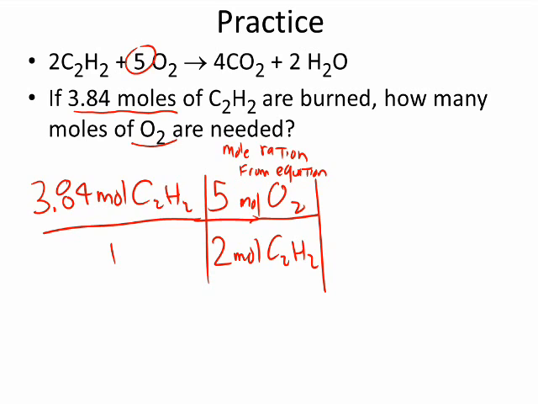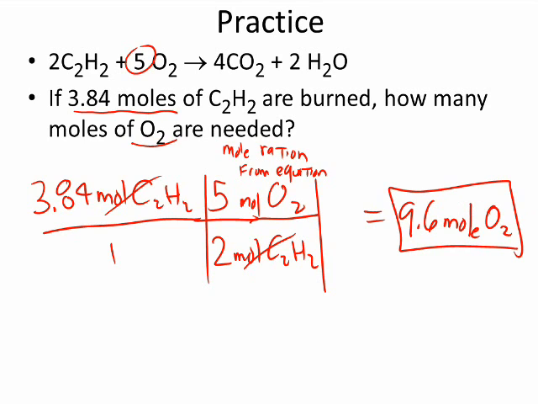Moles cancel out, and we'll be left with 5 moles of O2 times 3.84. That equals 9.6 moles of oxygen. That's how many moles of oxygen we need to burn 3.84 moles of C2H2.